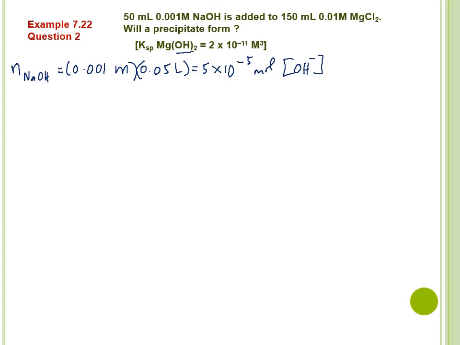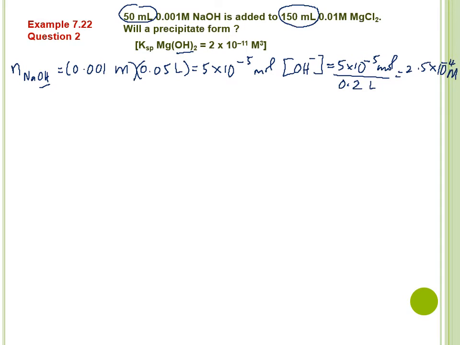Magnesium hydroxide. So hydroxide comes from sodium hydroxide there. So that would be 5 times 10 to the power of negative 5 mole divided by the total volume, 50 ml plus 150 ml, that would be 0.2 liters. This is 2.5 times 10 to the power of negative 4 molar.